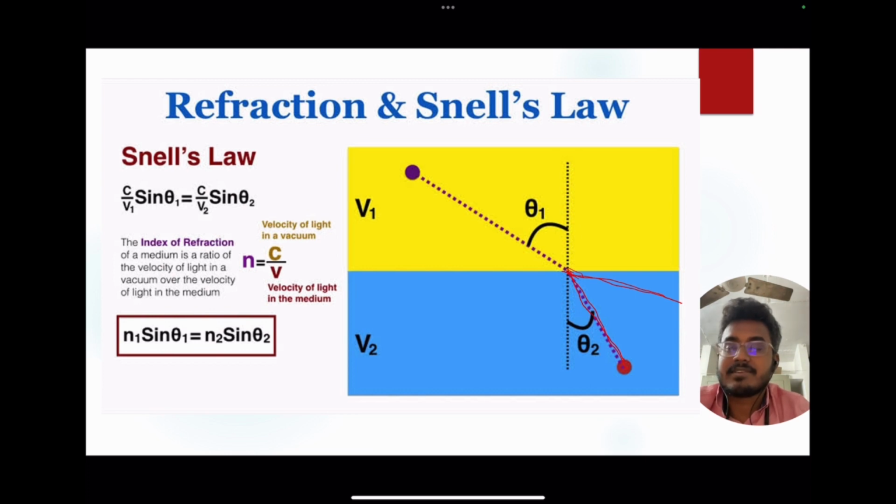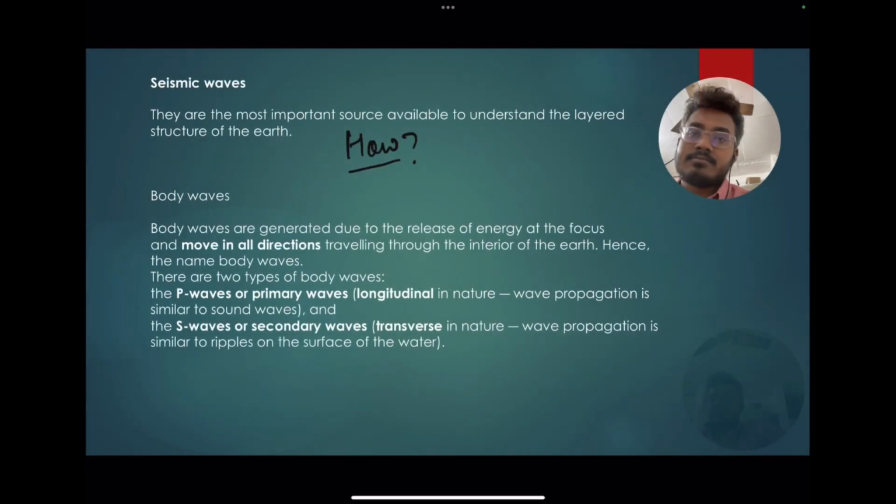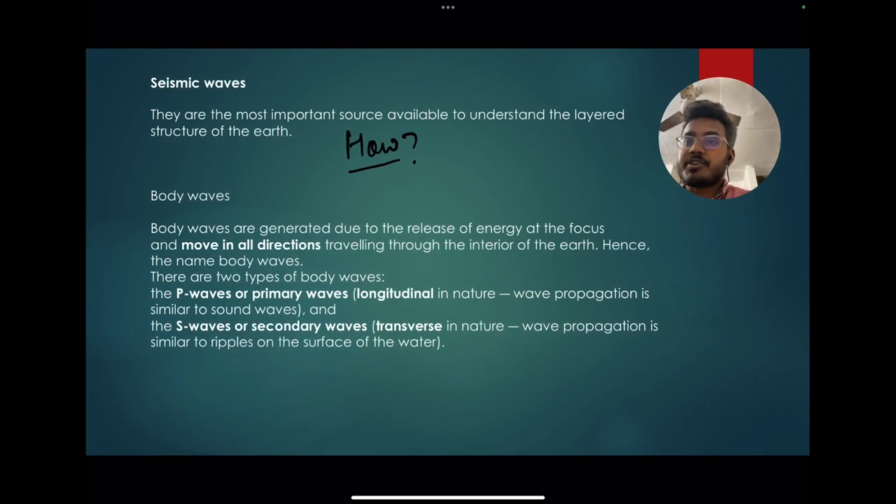This is known as Snell's law, and seismic waves also follow similar behavior. That's why they are curved. Seismic waves are the most important source available to us to understand the layered structure of the Earth. How? We will see.